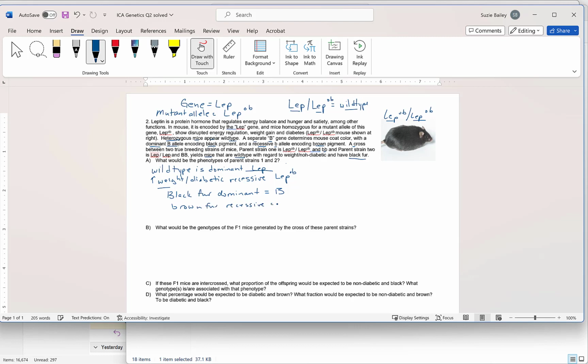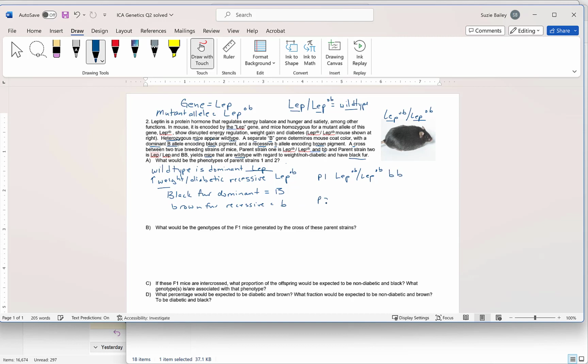Given this information, we can now look at our parent strains. Parent strain 1 was LEP-OB, LEP-OB, and lowercase b, lowercase b.